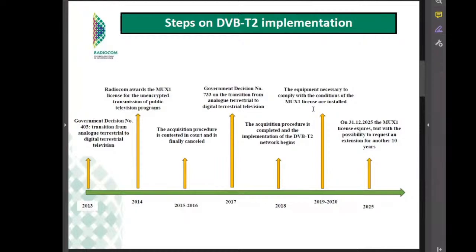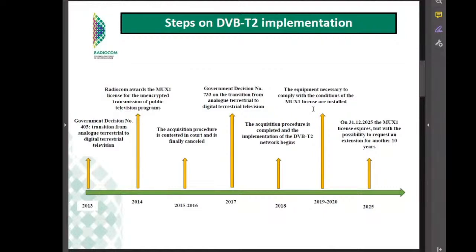So in 2014, Radiocom was awarded the Multiplex 1 license for the encrypted transmission of public television programs, and we started the acquisition process to implement the national network.